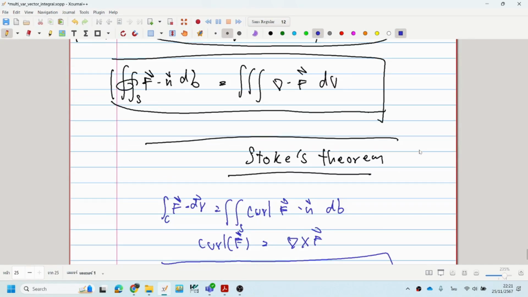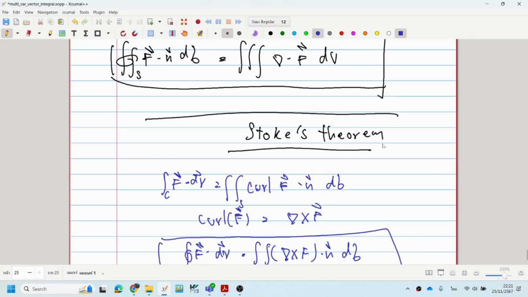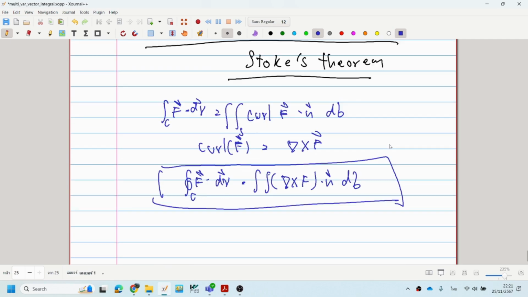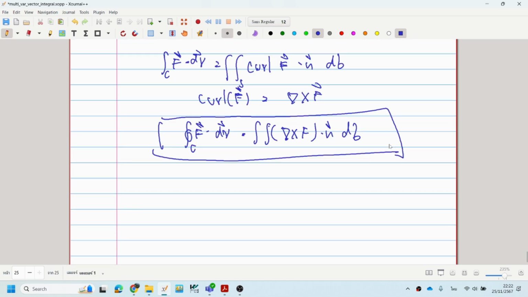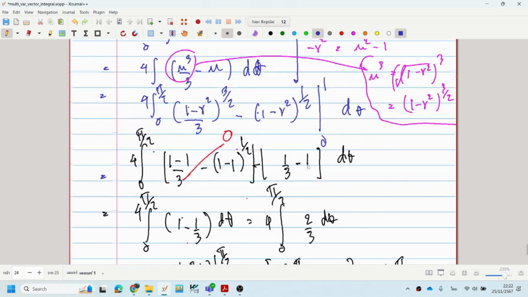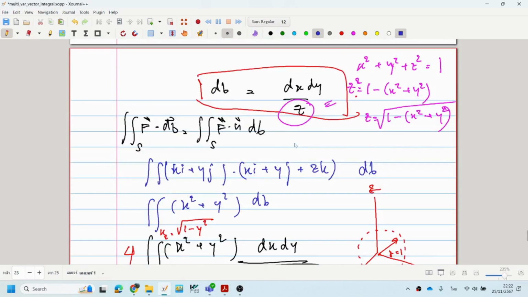I'm not going deeper into more detail than this, because it's too difficult to learn now. This is an advanced course, and you can learn about this in a master's degree. Right now, I think this is enough for you on the surface integral.